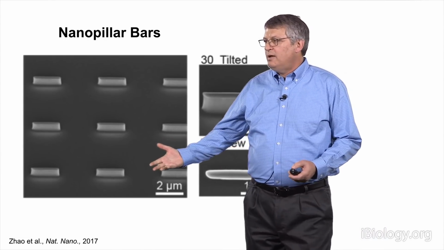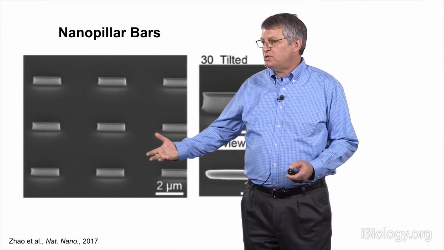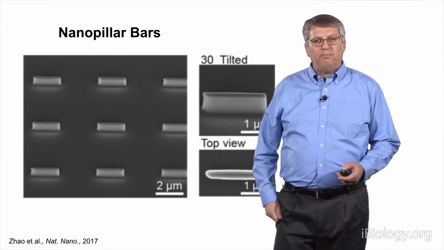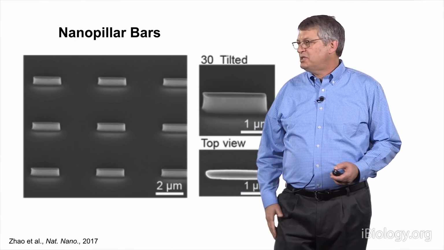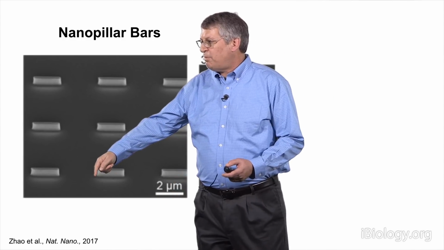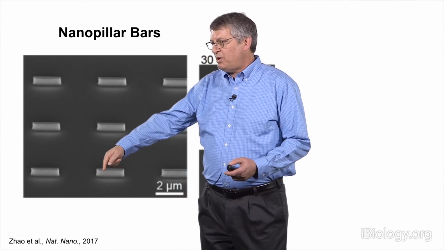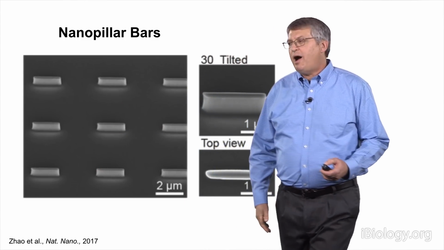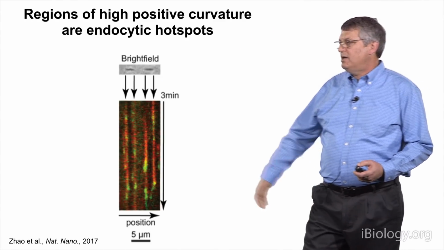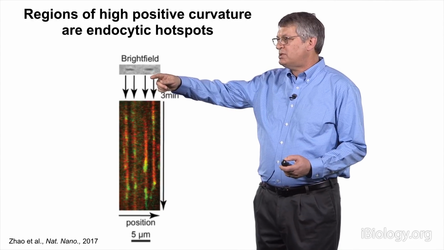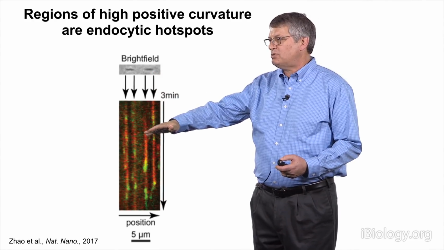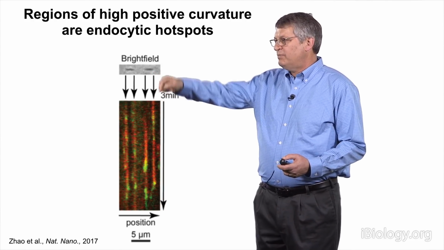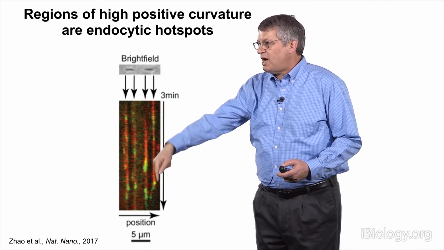And so the Cui lab made these nanopillar bars, and we put our genome-edited cells on these bars. Along the middle of the bar, the membrane is going to be rather flat, but at the ends, the curvature is going to be very high. And when we did that, here's bright field of two bars. We put our genome-engineered cells with red clathrin and green dynamin. This is a kymograph with time going down.